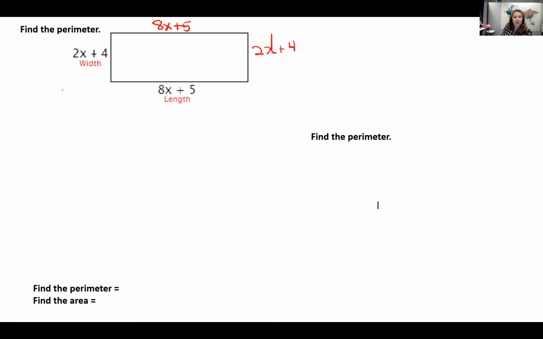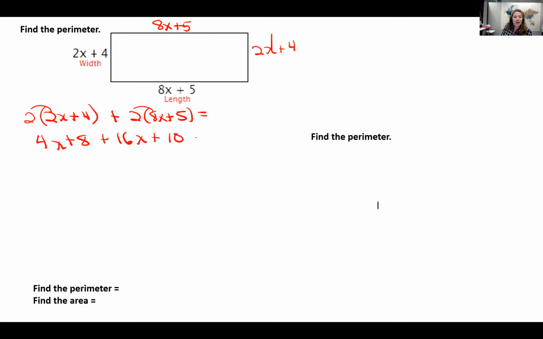So really what we're doing is we're doubling the width, and we're adding that to double the length. See what that equals. All right, so 2 times 2x is 4x. 2 times 4 is 8, plus 2 times 8x is 16x, and 2 times 5 is 10.